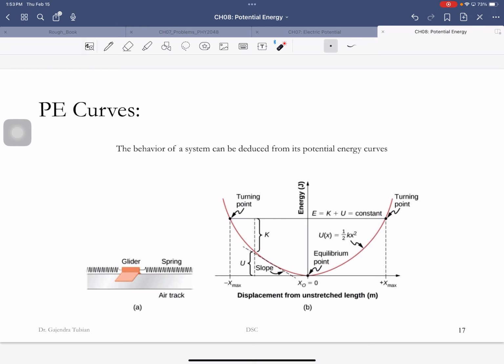Now this is a higher level concept. You already know what the potential energy function is. For what forces can you give potential energy functions? Conservative. And what are the two examples? Gravity and spring force. That's right.